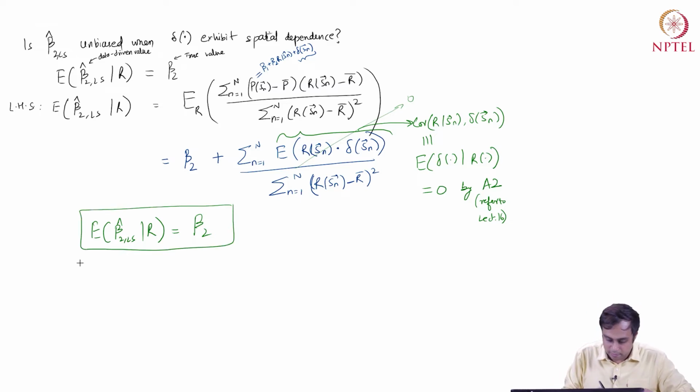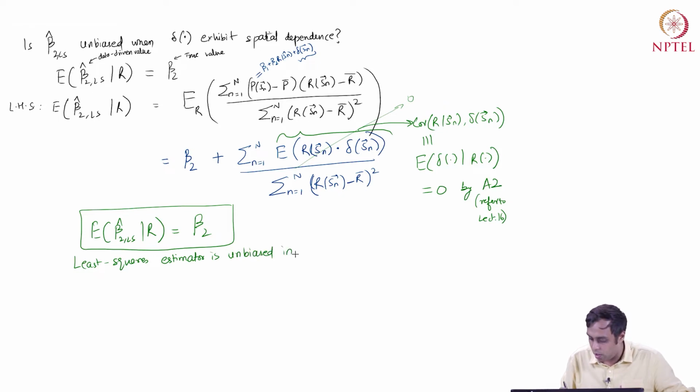That means, very, very important, that the least squares estimator is unbiased in the presence of spatial dependence in model errors, right?